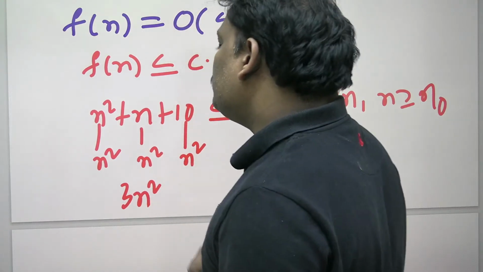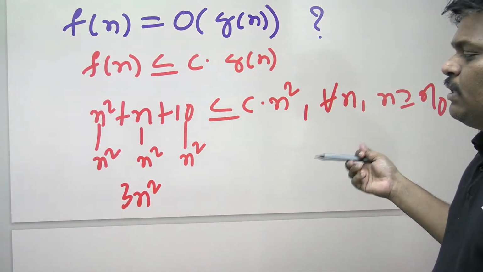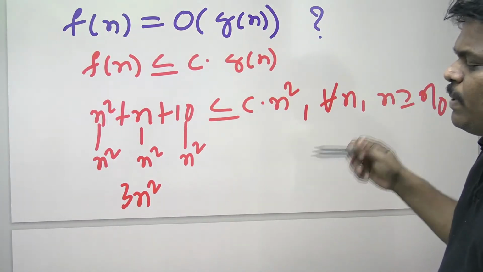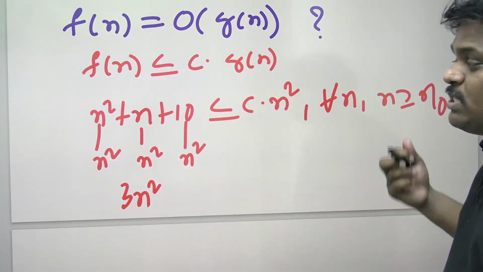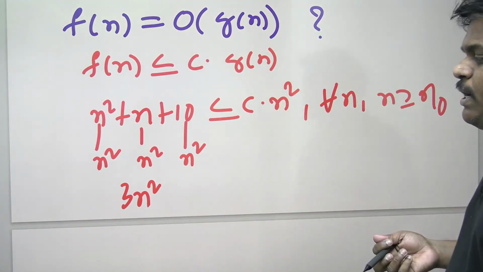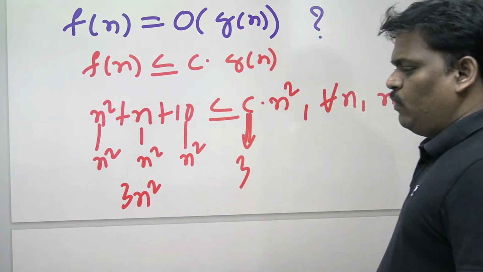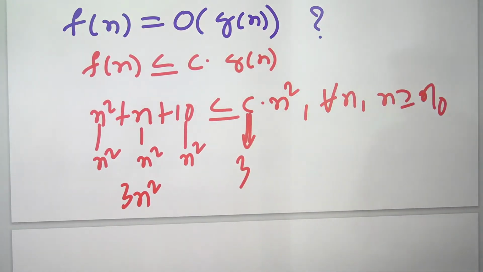Comparing 3n square with n square plus n plus 10, 3n square is bigger. I think the problem is over. You can take c value 3.